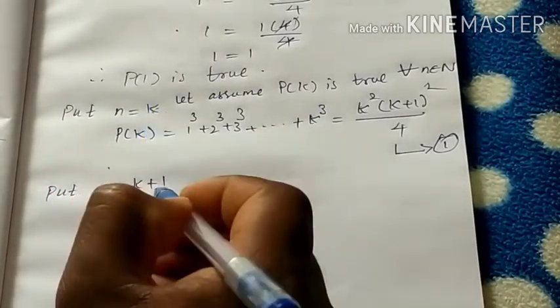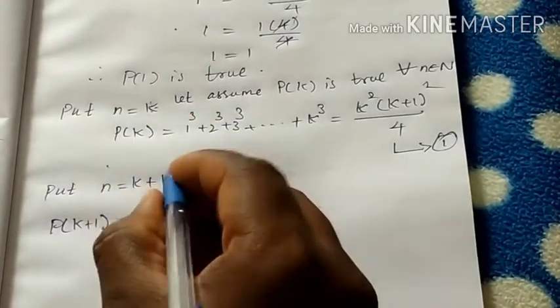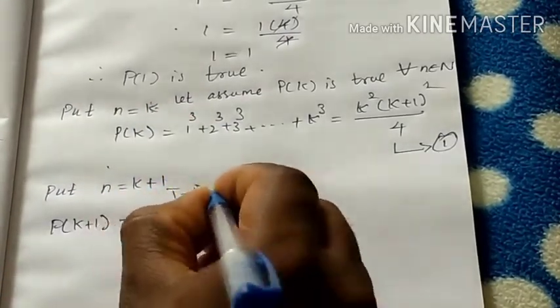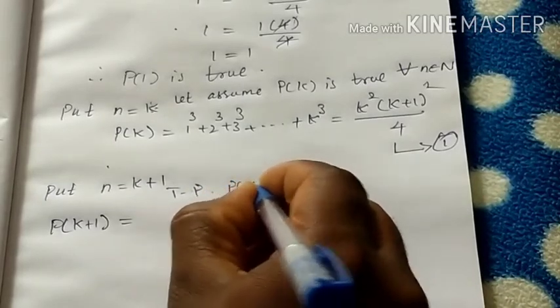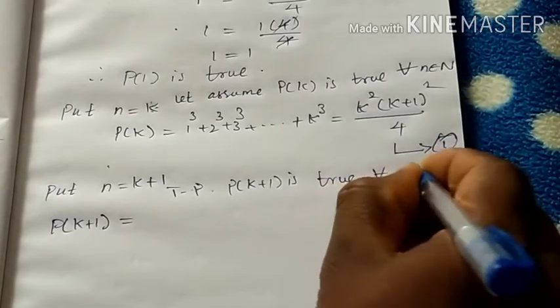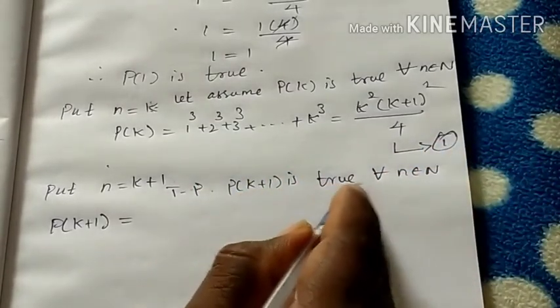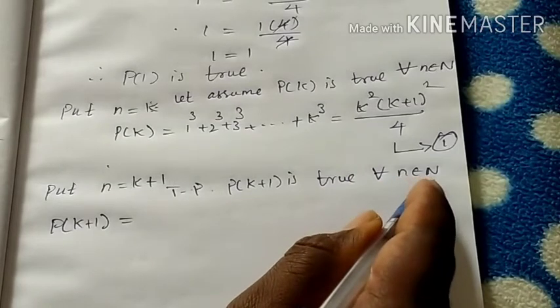So there exists one more term: the k term, then the (k plus 1) term. To prove: P of k plus 1 is true for all n belongs to capital N.